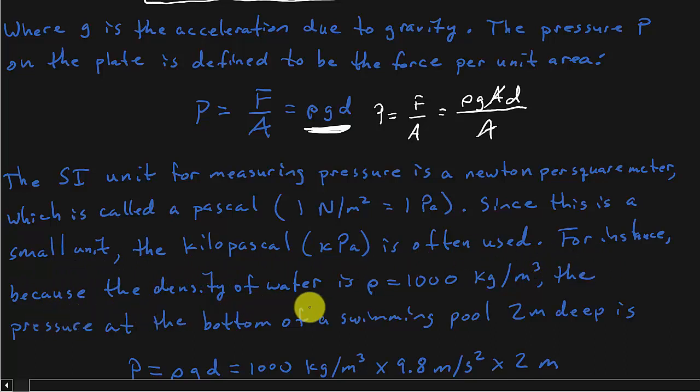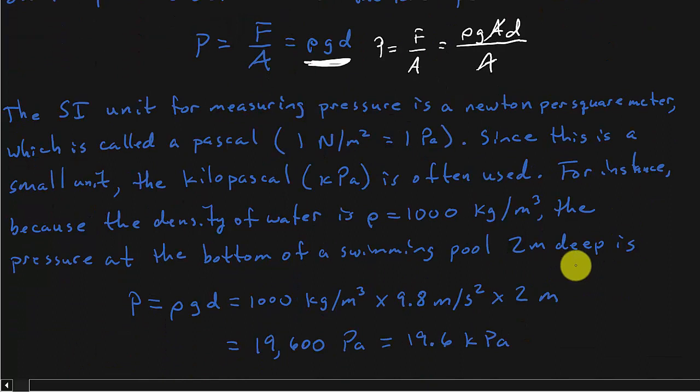For instance, because the density of water is rho equals 1,000 kilograms per cubic meter, the pressure at the bottom of a swimming pool 2 meters deep is, so here's your pressure, rho, which is 1,000, times g, the acceleration due to gravity, which is 9.8 meters per second squared, times the distance, which is 2 meters deep, and that's 19,600 Pascal, which converted to kilopascal is 19.6 kilopascal.